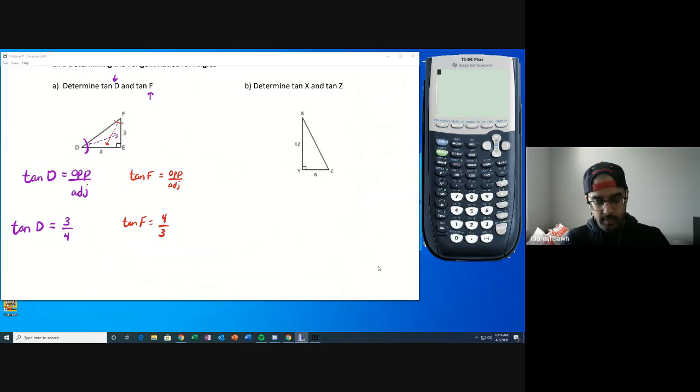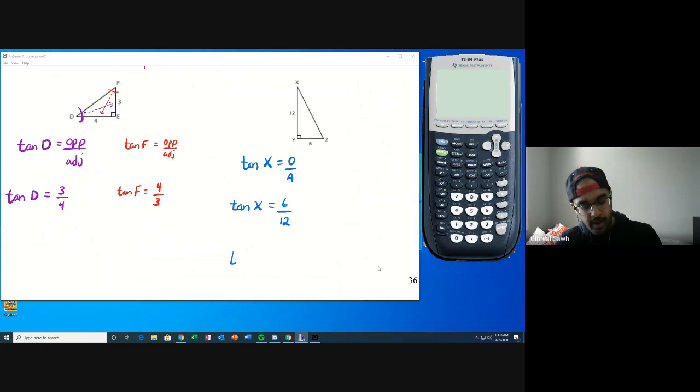Okay, so we can try the same thing for the one next to it. So for tangent of x and tangent of z, let's use some different colors here. The tangent of angle x is equal to the opposite side over the adjacent side. So tangent x equals the opposite side to x, which is 6, over the adjacent side to x, which is 12, because it's not the hypotenuse.